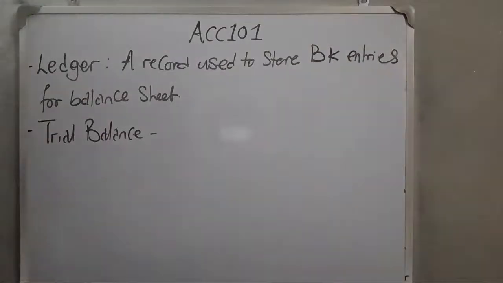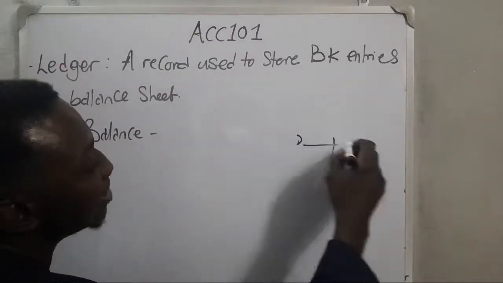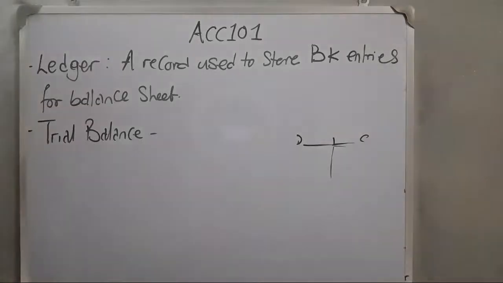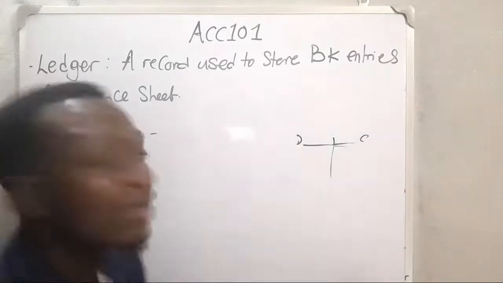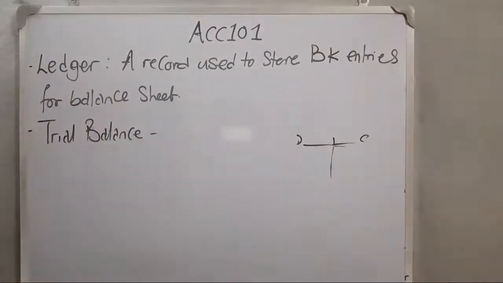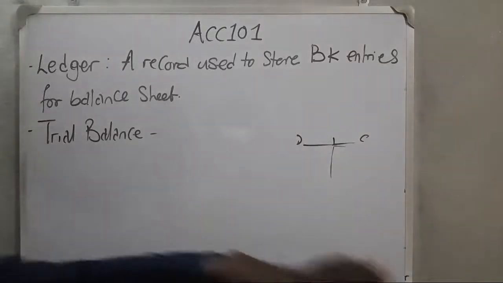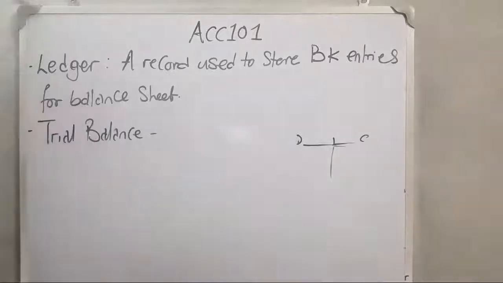That means there is always a debit side and a credit side of a ledger. So the trial balance is to confirm if the amount here is the same as the one here, which needs to be the same. If it's not the same, that means there has been a problem somewhere during the posting.